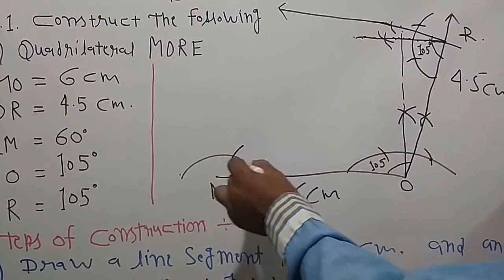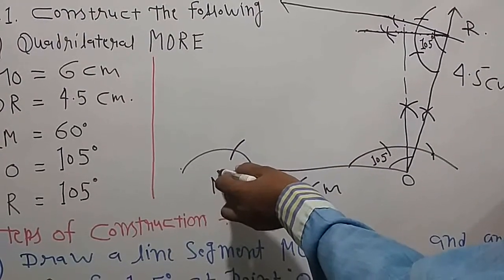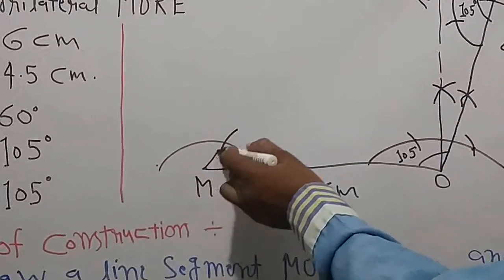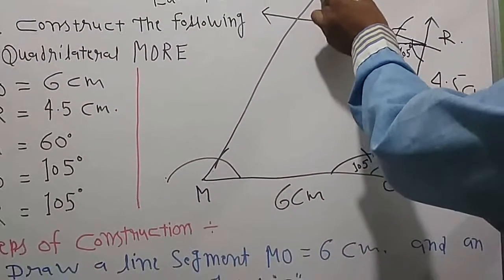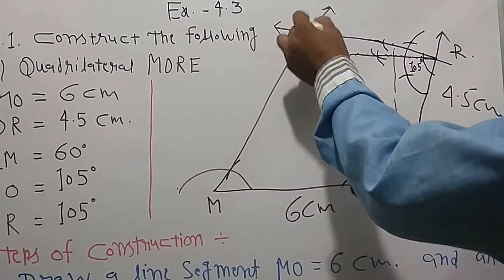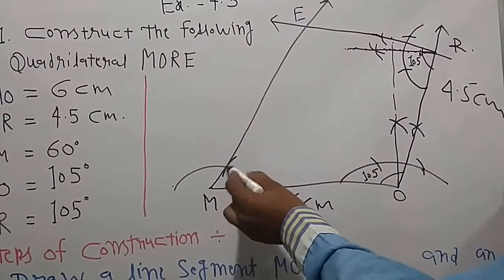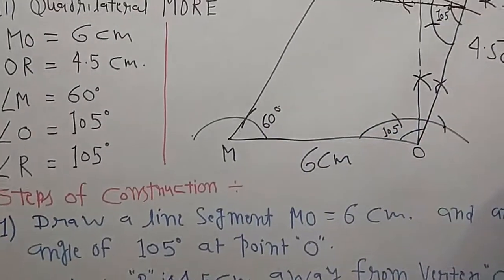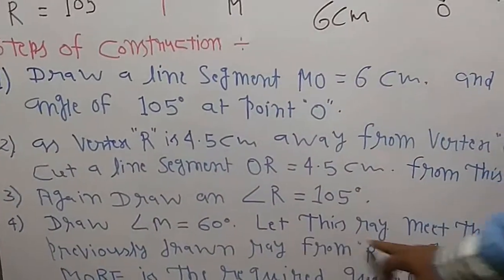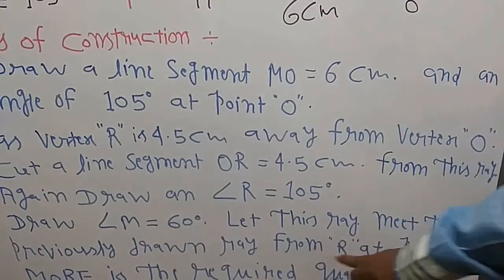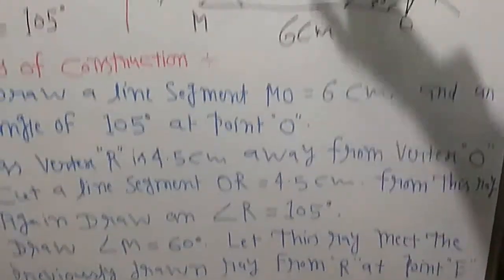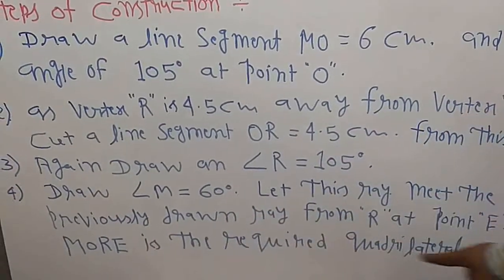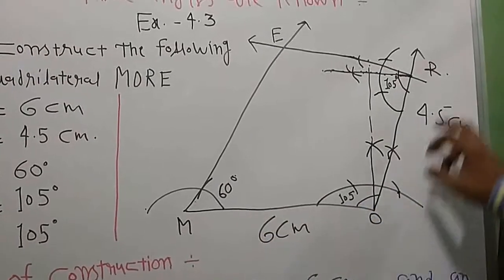It is the angle of 60 degree, and we join this. Let this ray meet the previously drawn ray from R at point E. It intersects the previous arc at E point. This is our E point. So MORE is the required quadrilateral.